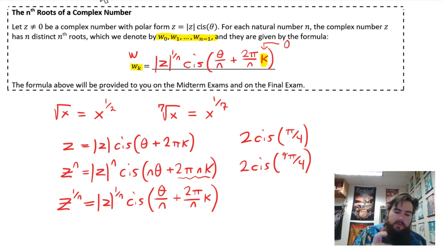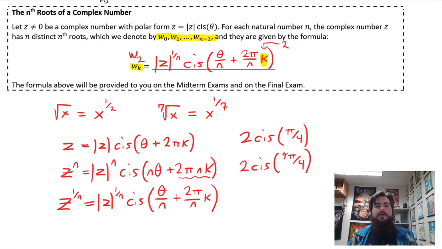If we are working with w sub 1, which would be the second solution, we would plug in 1 into k. If we're working with w sub 2, then we're going to plug in 2 for k. And that's how the general pattern would work. You would continue to plug in these natural numbers for k until you have developed all of the solutions you need.